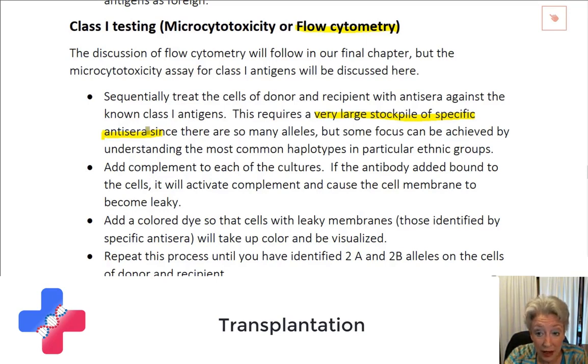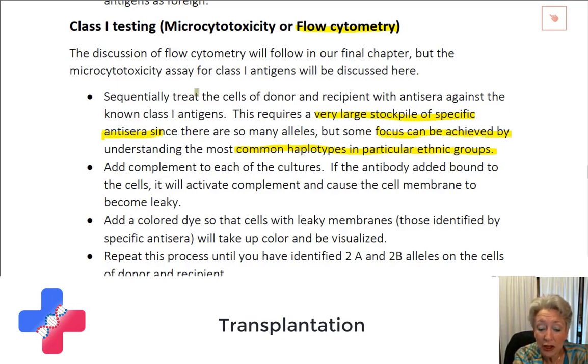And realize, as I said before, this is the most polymorphic genetic system in the human body. So there are literally thousands of variants of these. Now, you can do some focusing and saving of time by understanding the common haplotypes in particular ethnic groups or particular regions, but you still have to do a tremendous amount of mixing and matching to see what happens, because it's really hit or miss.